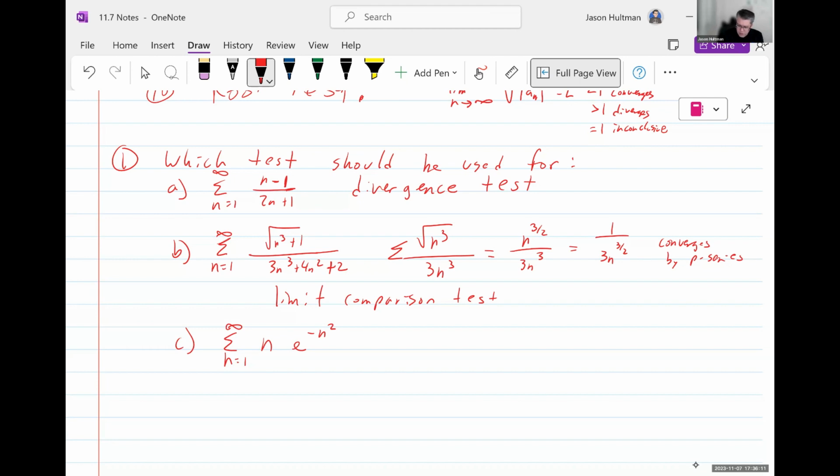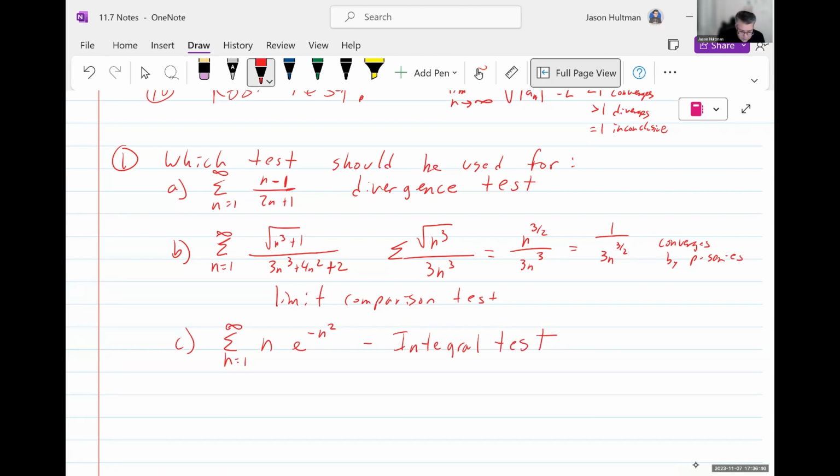Yeah, you could bring that down. There is one test that would work fairly well, and that's if I were to integrate and do a u sub. Integral test. Yeah, the integral test, exactly.